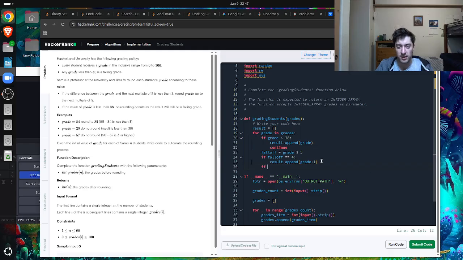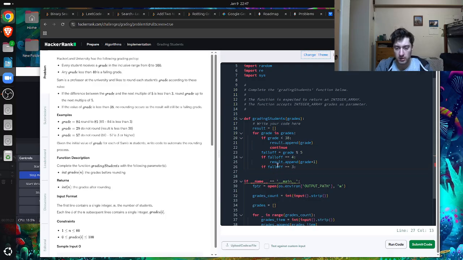And so this is why I'm saying it's not a very elegant solution. Fall off is equal to 3. Then we do result append grade plus 2.